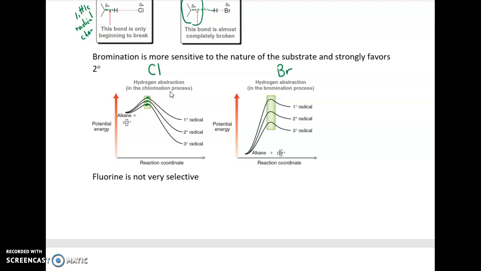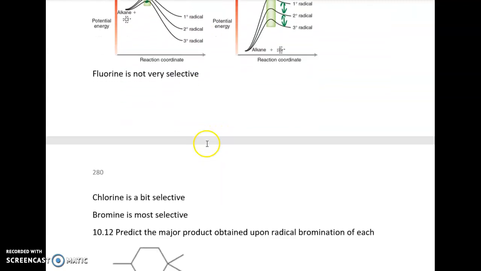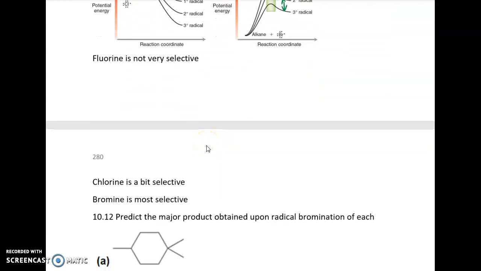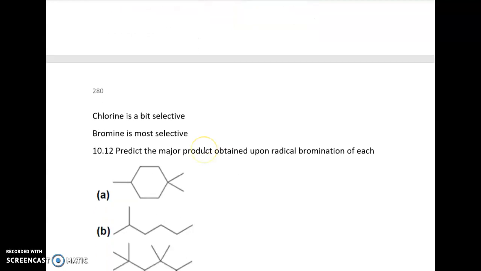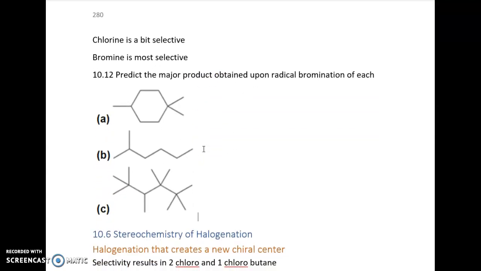However, when we look at bromination, we find that there's a great deal of energy difference between whether it's first, second, or a third degree radical. So the upshot of this is that fluorine is not very selective. And so, fluorine is too reactive, I'm sorry. Chlorine is a little selective and bromine is most selective. And so we tend to do more bromine reactions.